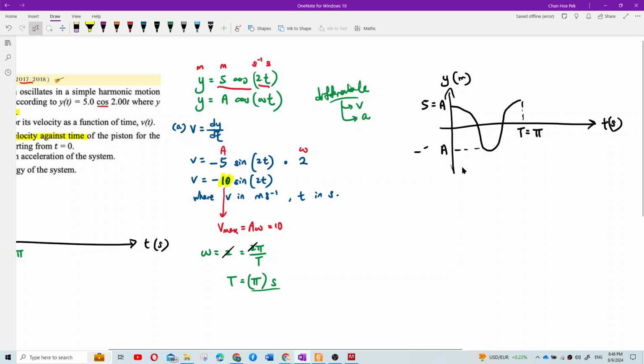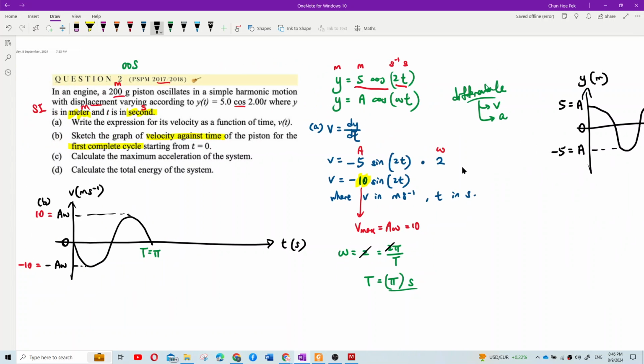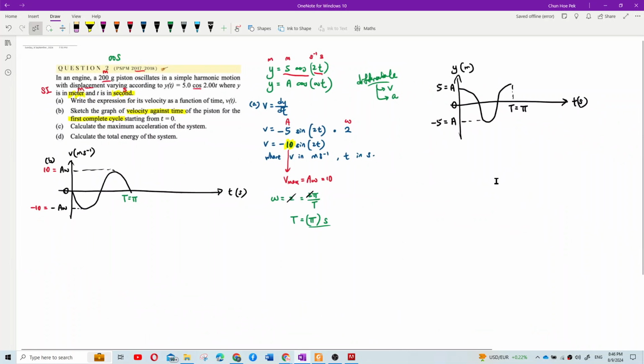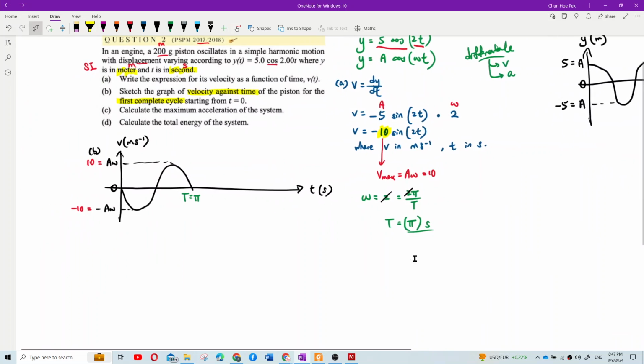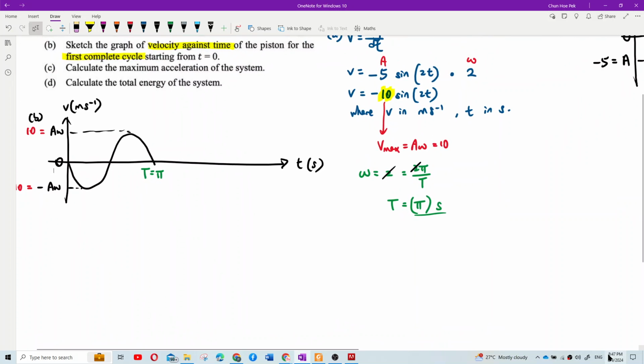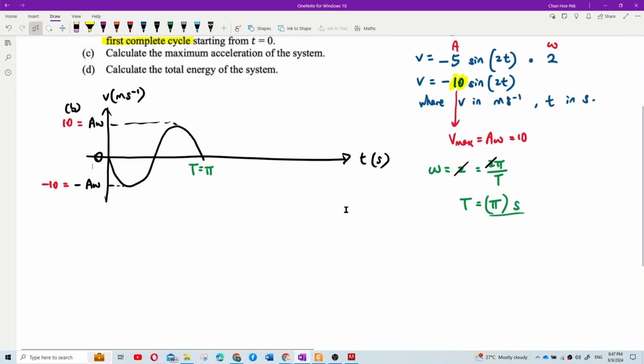Okay, this is negative 5 down here. This is zero, this is zero. So that is the graph for displacement, a cos graph, and the velocity graph is a negative sin graph. Okay, understand? Okay, let's continue. Don't waste our time. I thought we could do 9 questions, but now it's already 8:47 and we haven't even finished 2 questions.